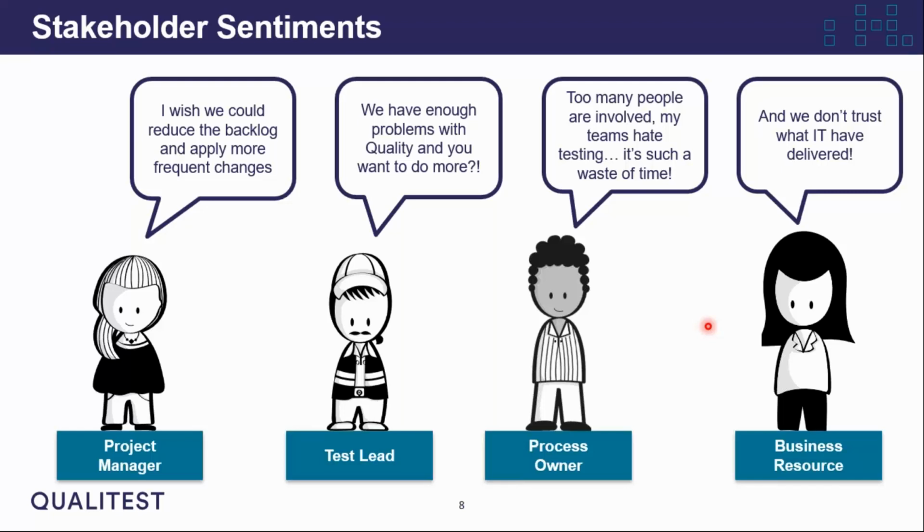We're not applying changes frequently enough. It's taking too long to deploy things. Testing is really at its maximum limits. So they're under pressure to produce quality and to catch the defects going through. But they're also being asked to do more, but they have no additional time. In fact, time is reducing because the demand around change has increased.